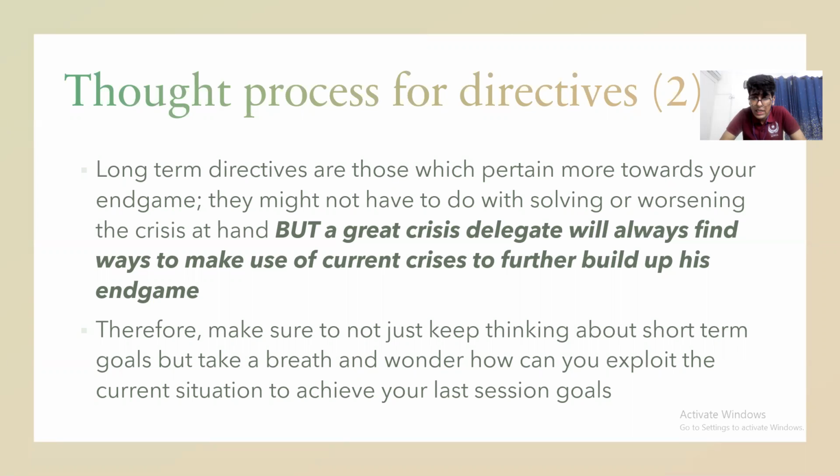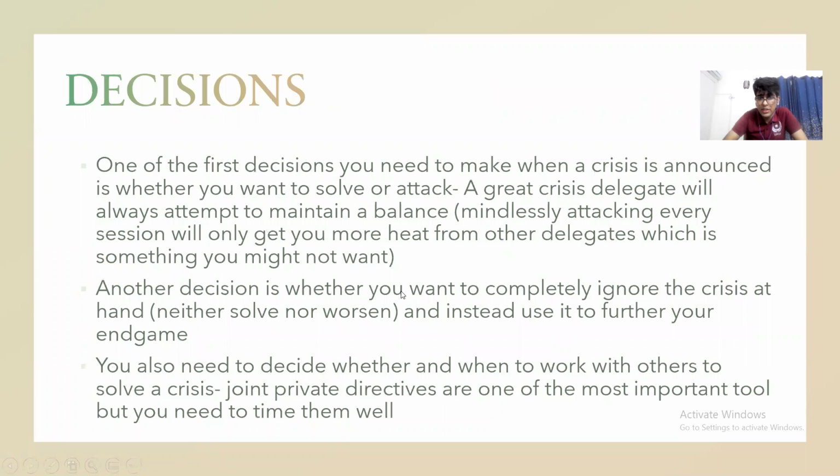There's no particular need to also be attempting to solve the crisis. I mean, you should ideally send a few directives, but then you can use that particular crisis to enhance your long-term strategy. And short term entails thinking of whether you want to take down a particular personality if they're doing pretty well, or you want to solve the crisis, you want to worsen it. That all comes under the ambit of short term versus long term, right?